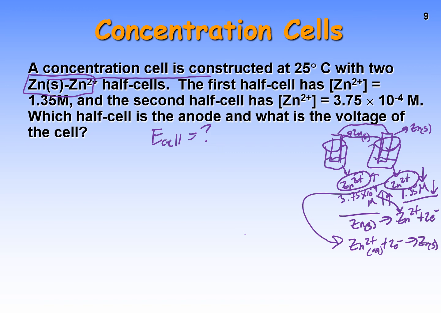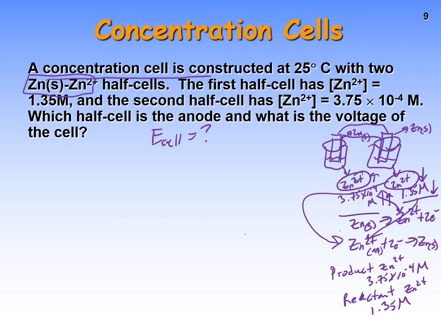So my product Zn2+ concentration is 3.75 times 10 to the negative 4 molar, and my reactant Zn2+ concentration is 1.35 molar.